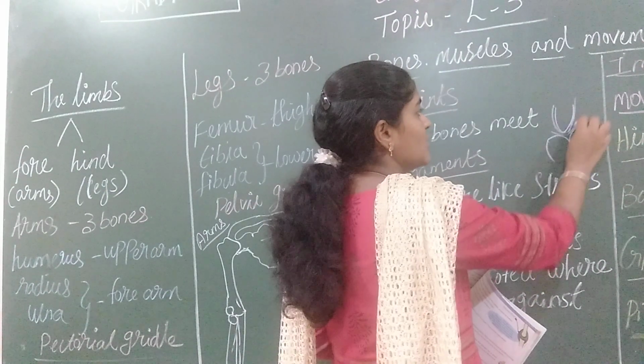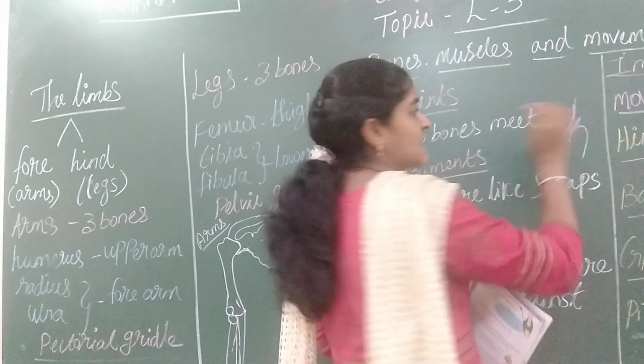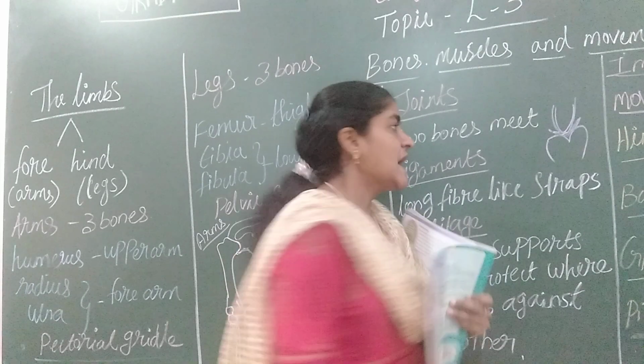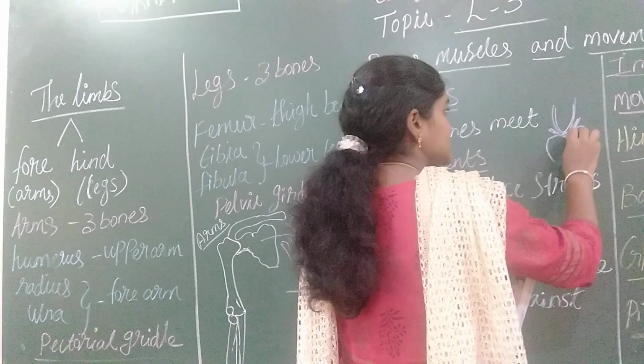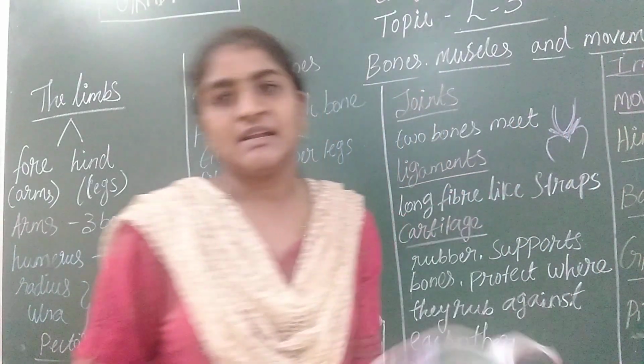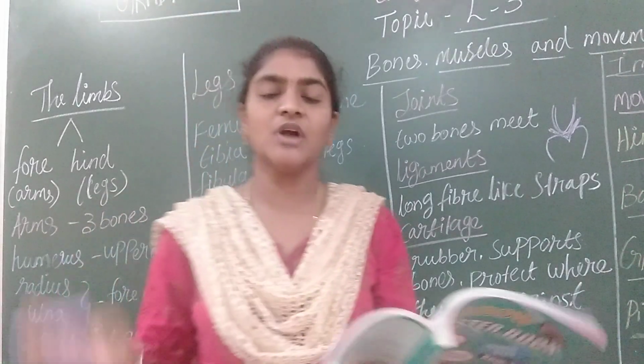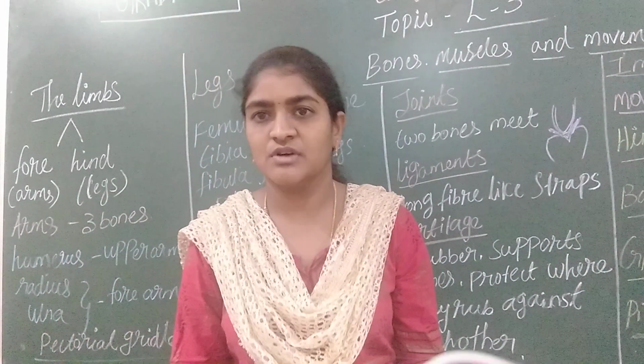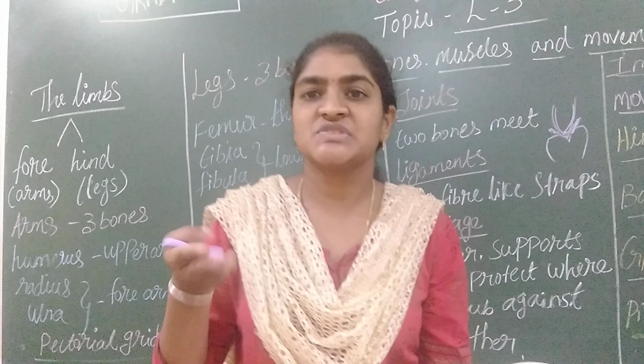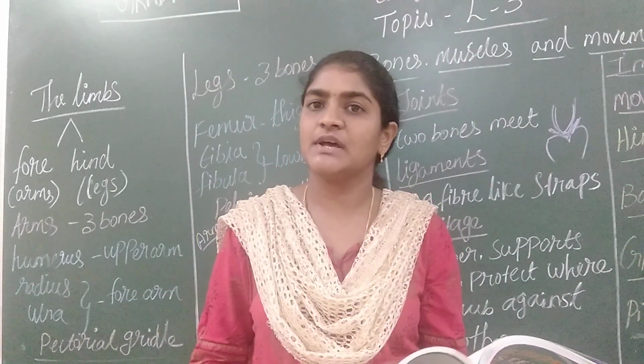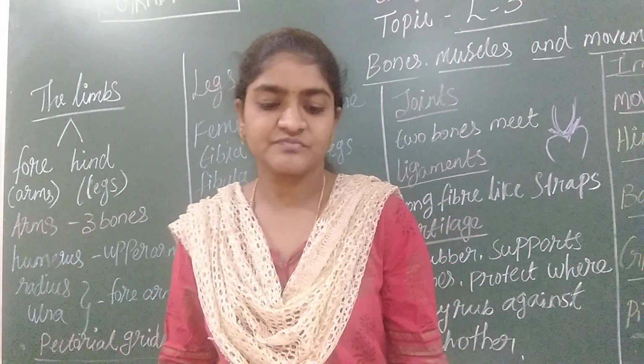These two bones won't scratch each other, because something is present in between, and that is called cartilage. It won't allow them to rub each other, so it gives support inside.